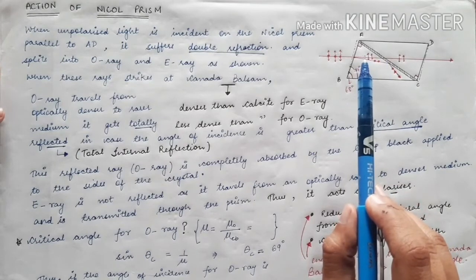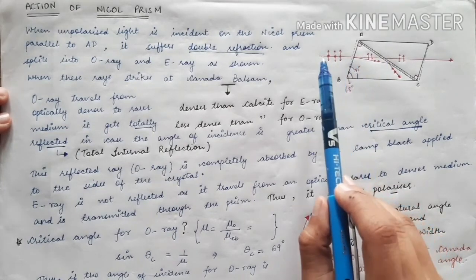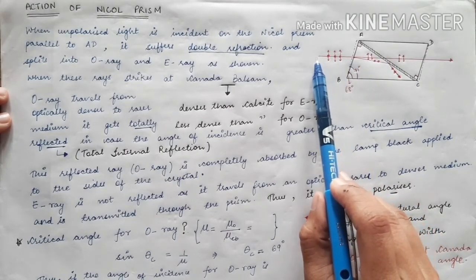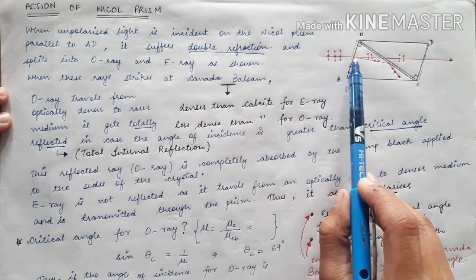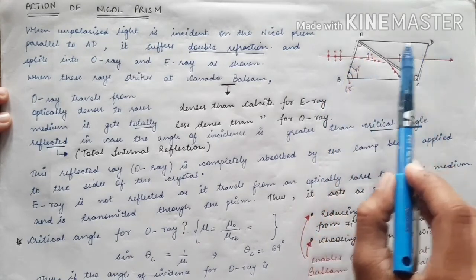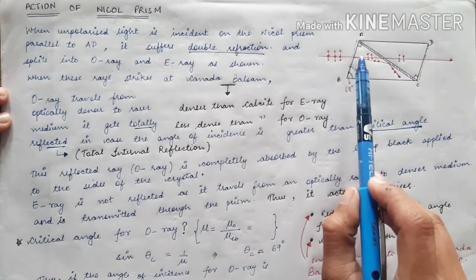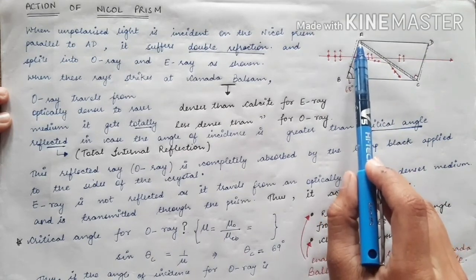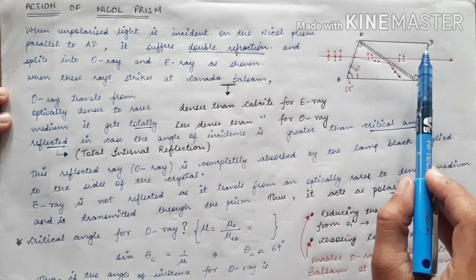Now we are going to see the working. We make unpolarized light fall on the principal section of the Nicol prism. The principal section of the Nicol prism is this ABCD. It is a parallelogram.